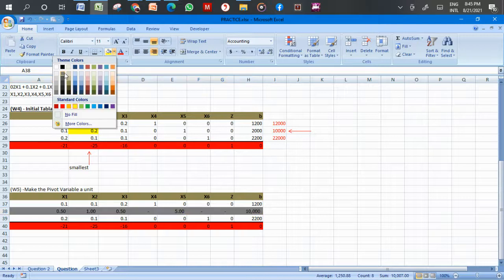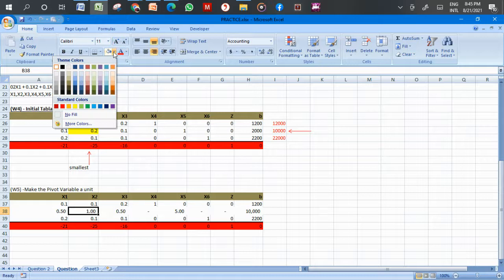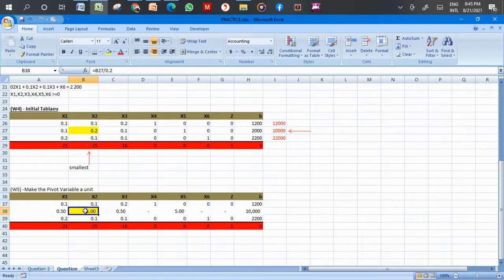So now we can't just divide only the pivot variable by 0.2 and leave everything else. No, we have to divide everything else by 0.2. All right, so now we are good to go.